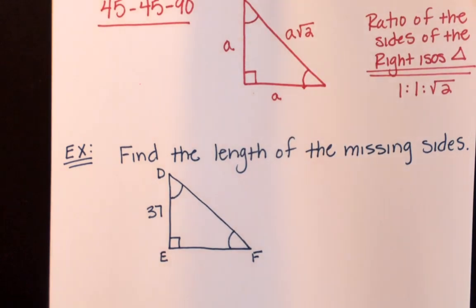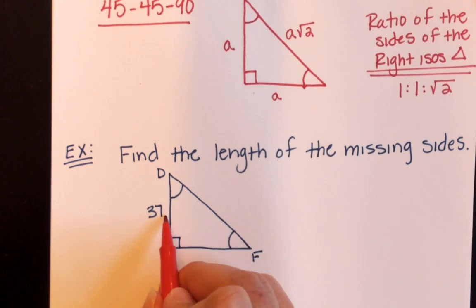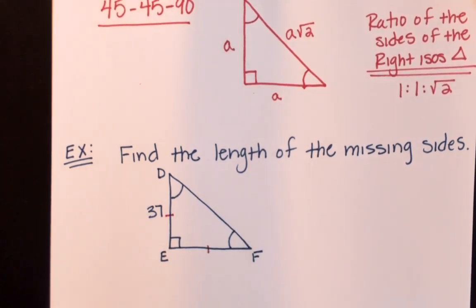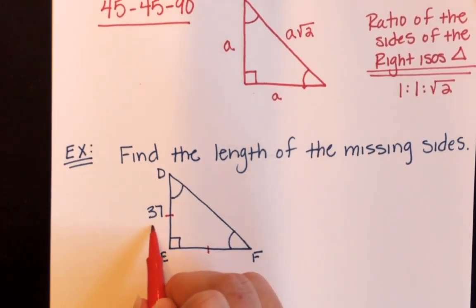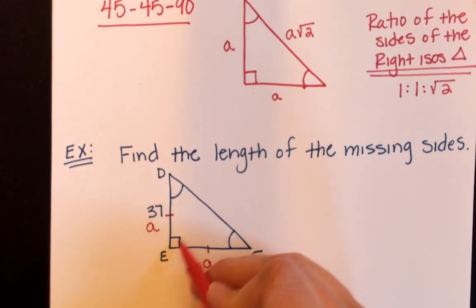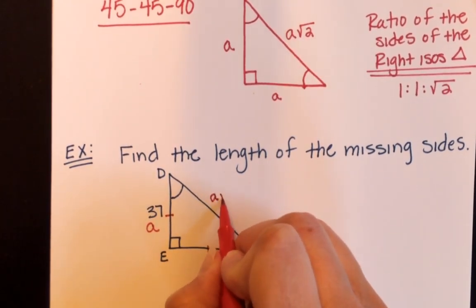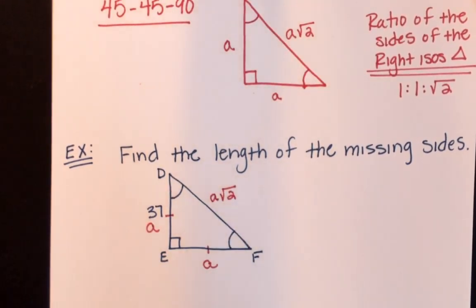Our formula says the congruent sides, so these two sides, will get the same variable, A and A. Notice I even used a different color so that I can see the difference in the paper. Opposite the right angle, always the hypotenuse, is A radical 2 because it's supposed to be bigger. So first step, I put my formula around my triangle.